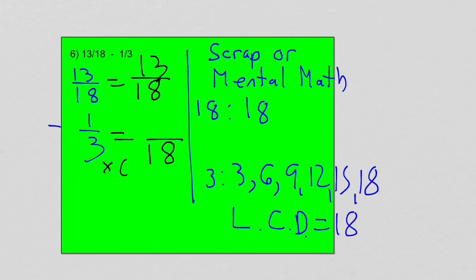I know 3 times 6 will give me 18. So 1 times 6 is 6. I subtract 13 take away 6, I get 7 over 18, and that's the fraction in lowest terms.